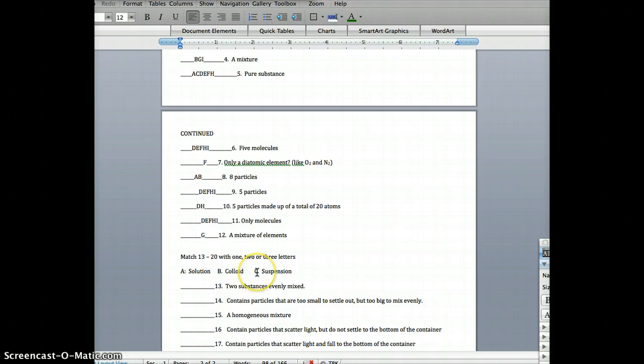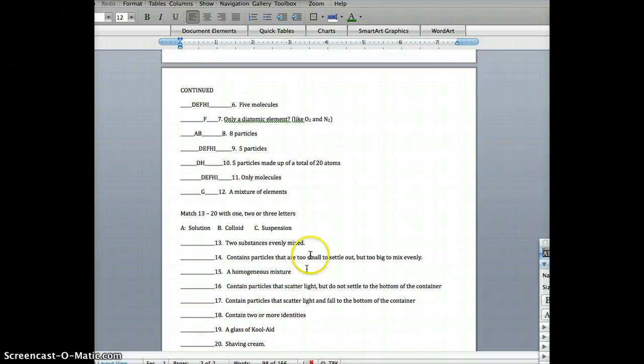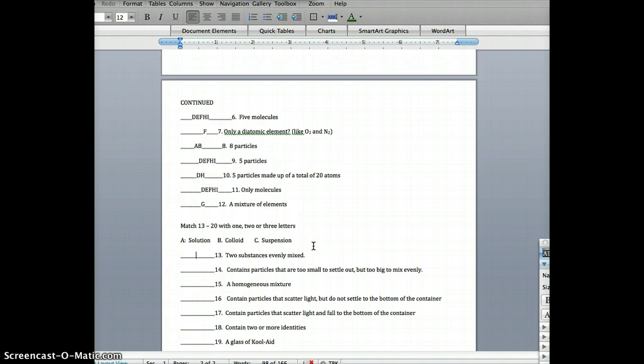All right, two substances evenly mixed, the best answer there would have to be a solution. And the reason for that is that if they're evenly mixed, or homogeneous, it's the only one of these three.